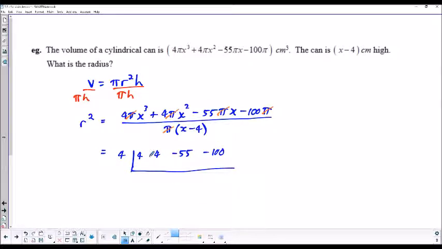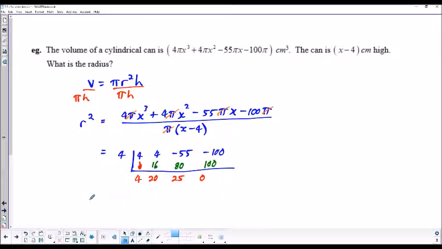And I'm going to bring this down first. So we got 4. 4 times 4 is 16. Then I add and get 20. 4 times 20 is 80. Then we're going to add down to get 25. Then 4 times 25 gives me 100. Then I add down and get 0, which is great because the remainder is 0.